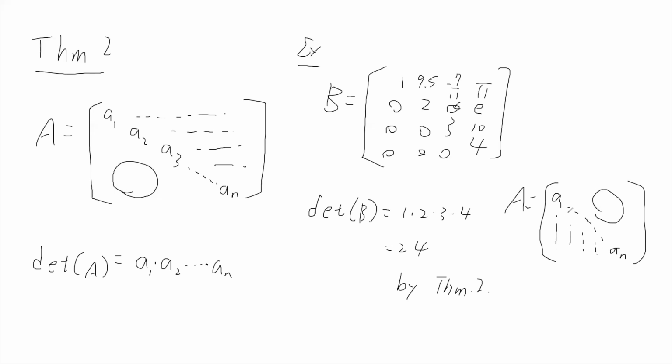Either the lower part is 0 or the upper part is 0, you can use theorem 2. Basically, multiply the entries on the main diagonal together, and you will get the determinant.